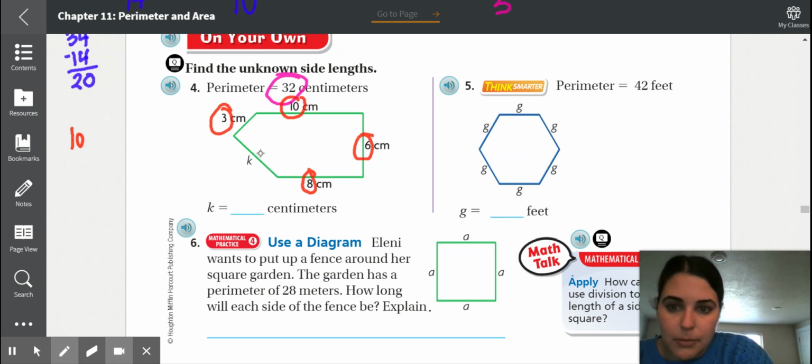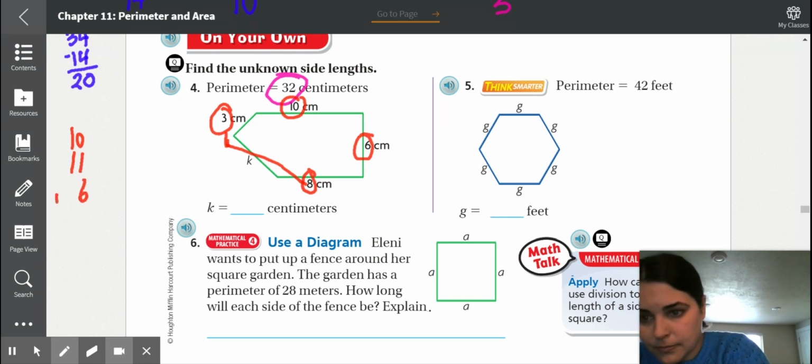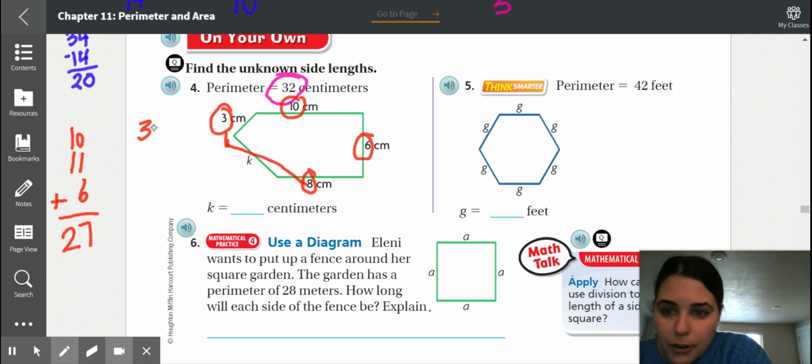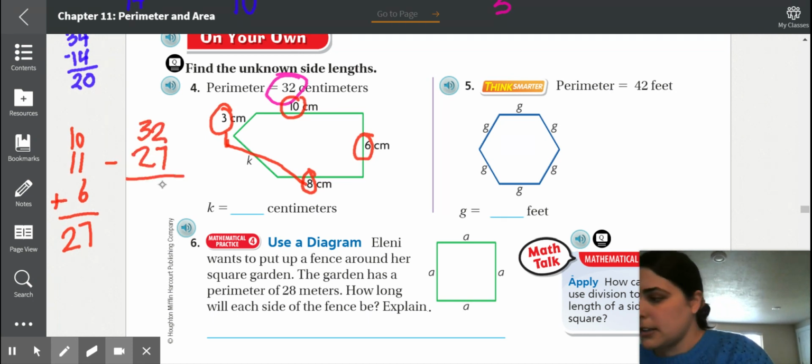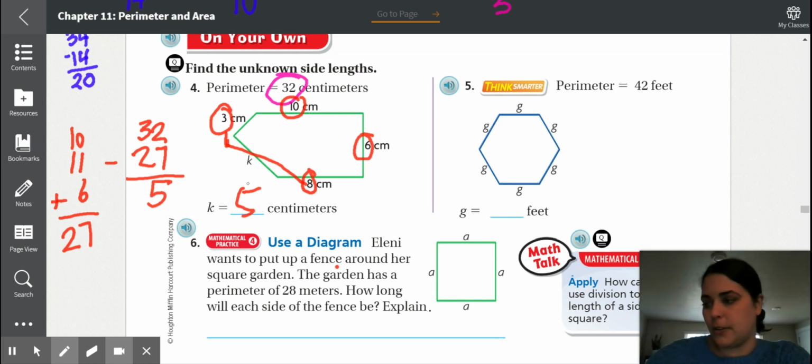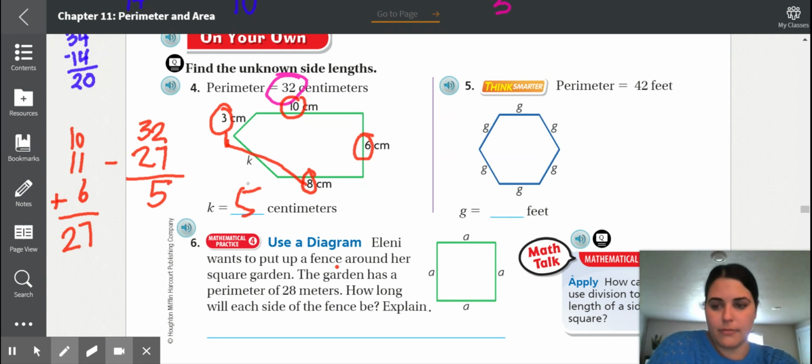We know that 8 plus 3 is 11. And then we have our side of 6. 6 plus 1 is 7, and 1 plus 1 is 2. So we know that all of those added up together is 27. Subtract it from 32. 32 minus 27 is 5. You should have gotten 5 for the unknown side length. Okay.